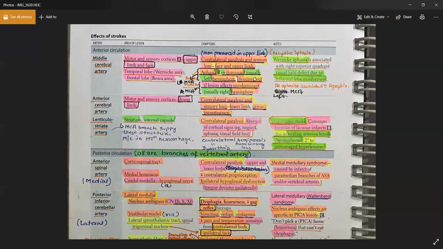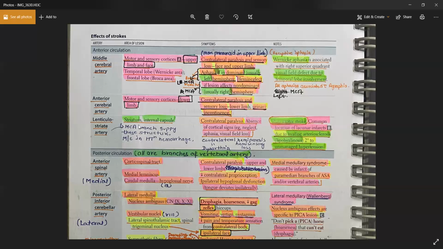Please note that Wernicke's area and Broca's area are present in the left cortex, so only in case of left middle cerebral artery damage can you get the aphasia, not in the right side.